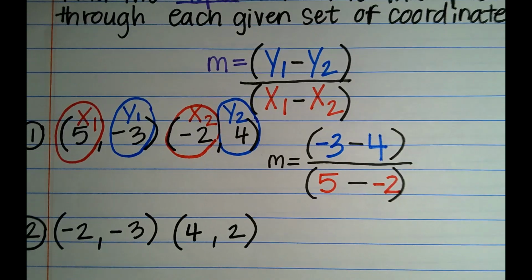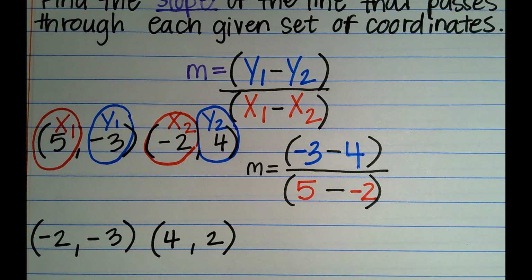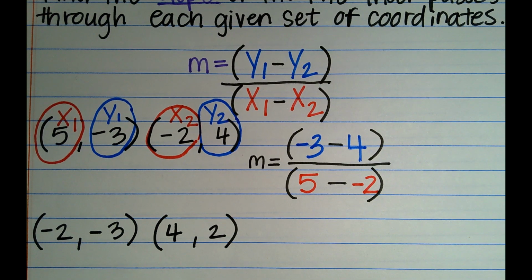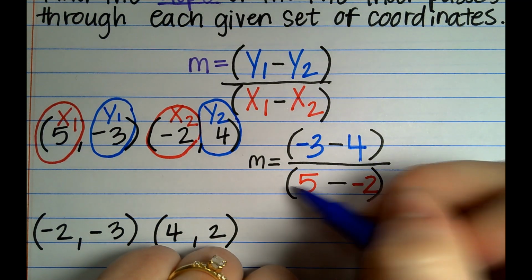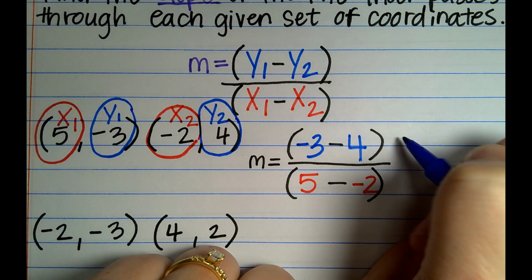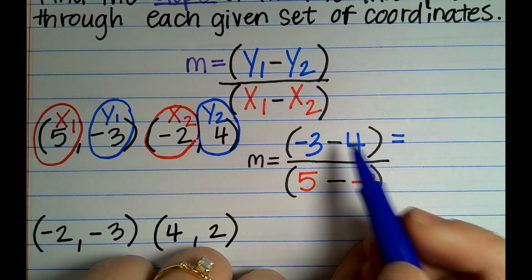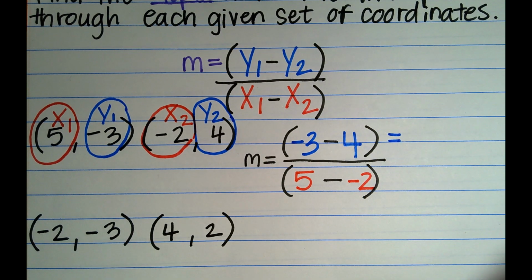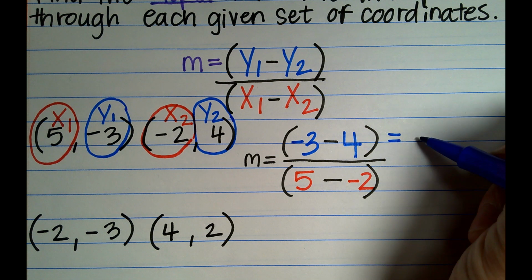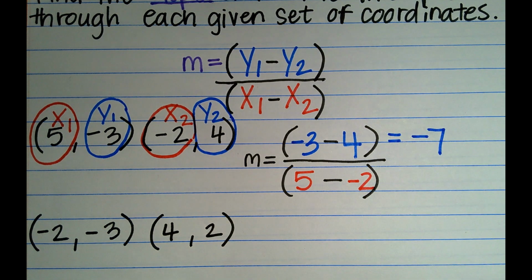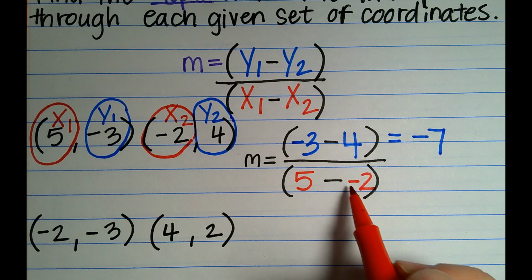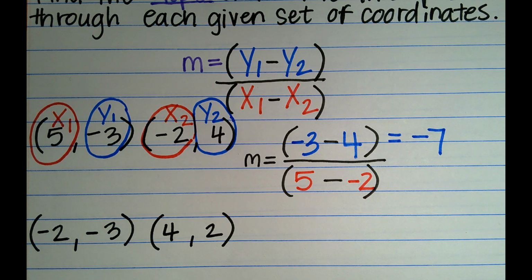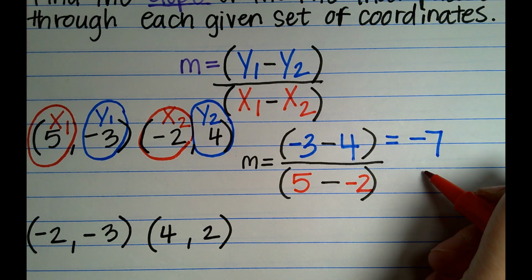Our y's are on top, our x's are on the bottom. So now let's do each individual subtraction problem. -3 minus 4. What is that? -7. Good. And 5 minus -2? +7.